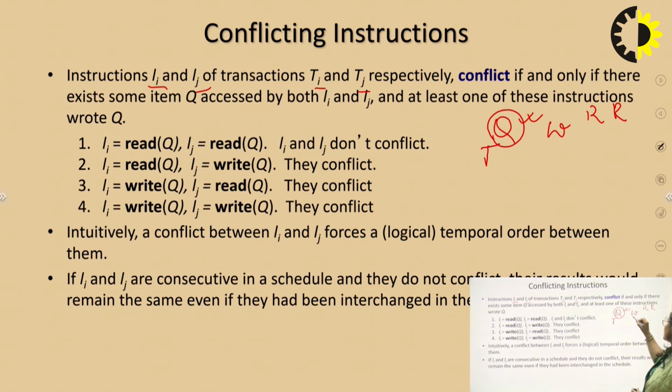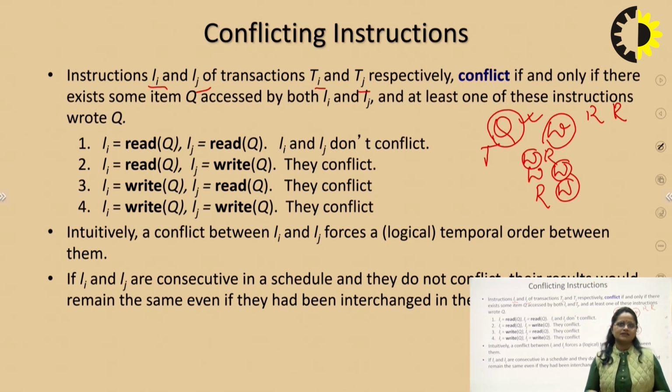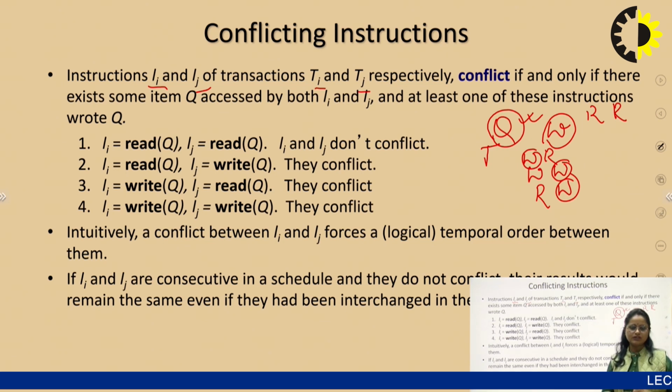If at least one is a write, whether write-read or read-write, we consider it a conflict. Conflict happens if and only if they are working on the same data item and at least one of these instructions is a write on that data item.